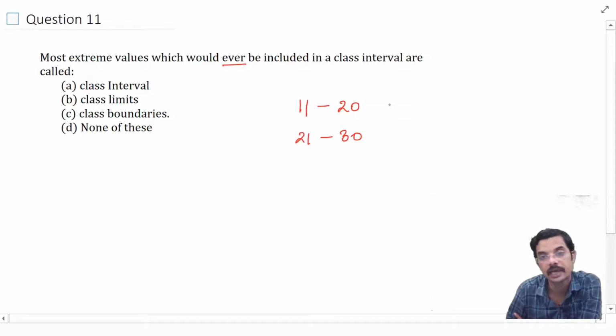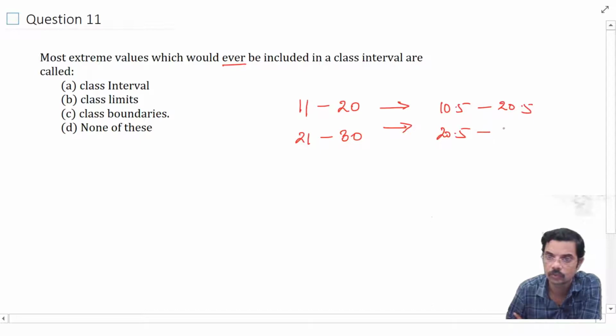And then when we extend these to continuous frequency distribution type, how do we do that? We add 0.5 on either side. So this is 10.5 to 20.5, and what we have here is 20.5 to 30.5, correct?